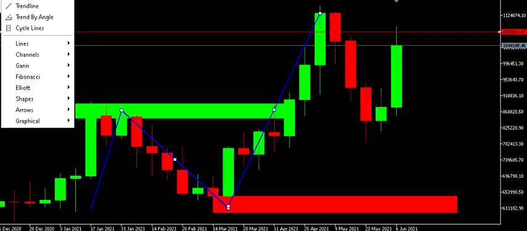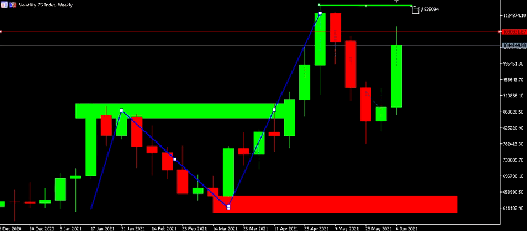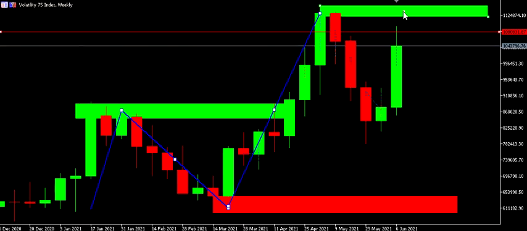Looking at the weekly time frame, we have another resistance area here at the 1,136,000 points level.